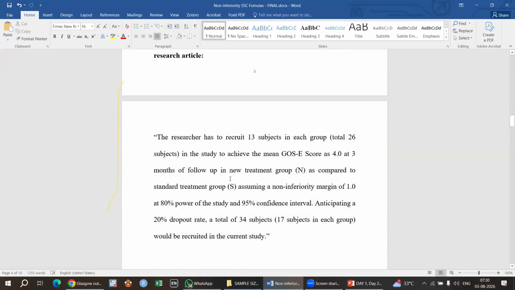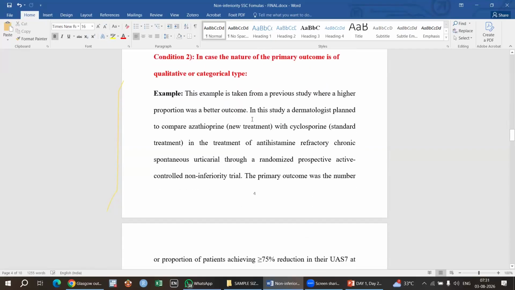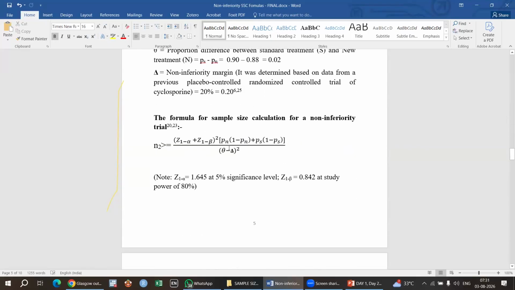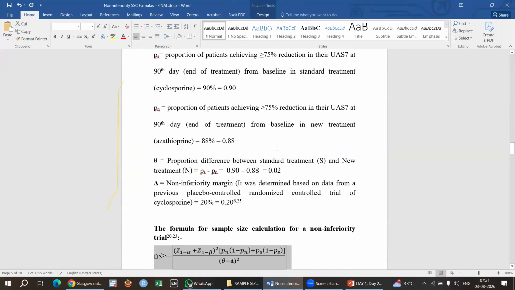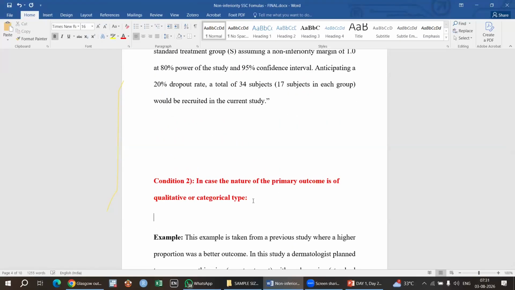Now, the last one. When the primary outcome is qualitative, categoric, or binary, what will be the sample size calculation formula? This is a very simple formula. Now I think it is simple for you. Earlier it was very complicated. Now it's very simple.